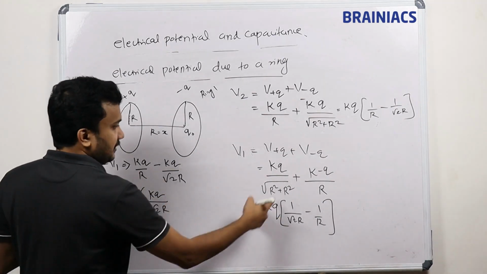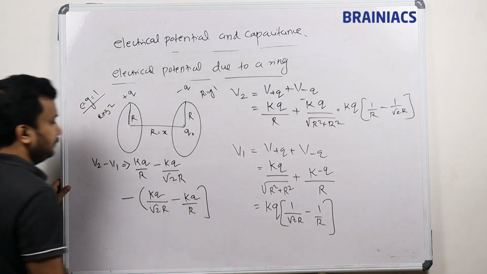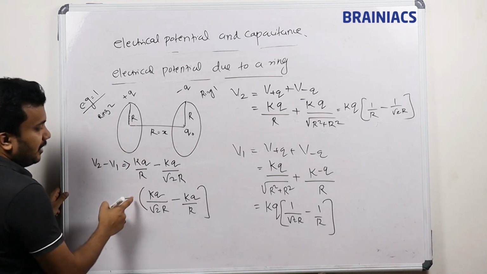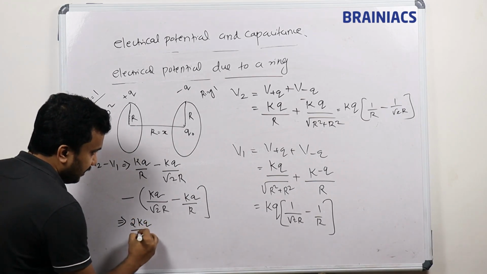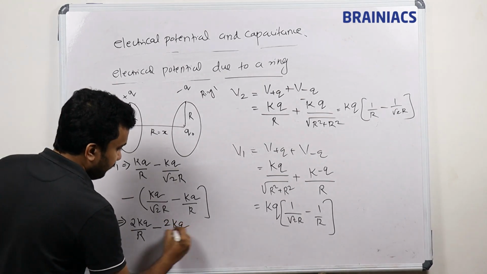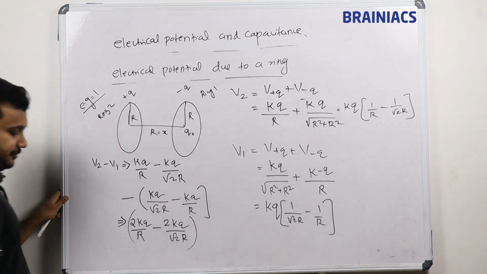This is plus, another one is minus, so kq divided by r. Kq by r, this minus becomes plus, so 2 times kq divided by r, and this minus and this minus gives minus 2 times kq divided by root 2 times r. We got the potential difference.